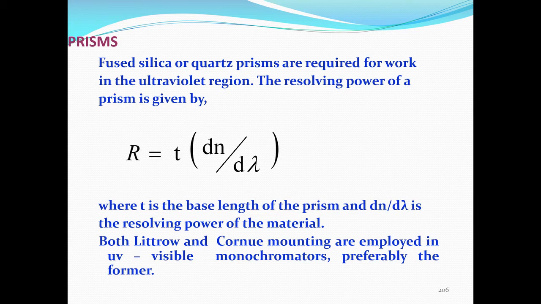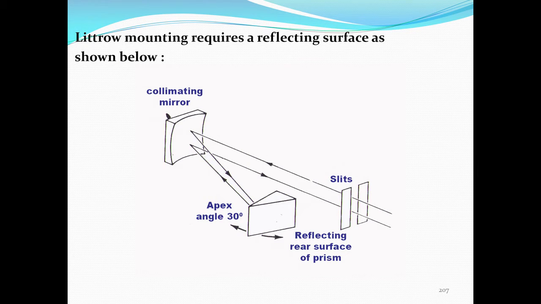The resolving power of a prism is given by this standard formula, and both Littrow and Czerny mounting are employed in UV visible spectrophotometers, preferably the former. That means 2 half prisms are not preferred, single half prism with a coated mirror surface on the back side.